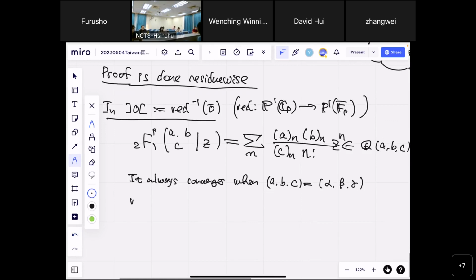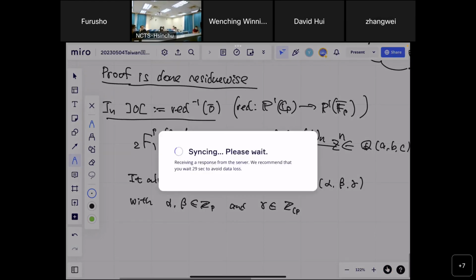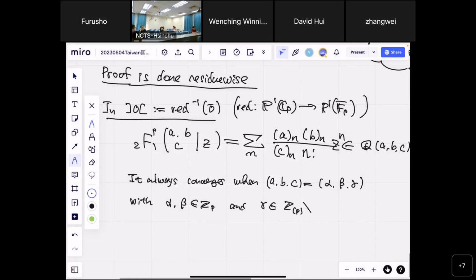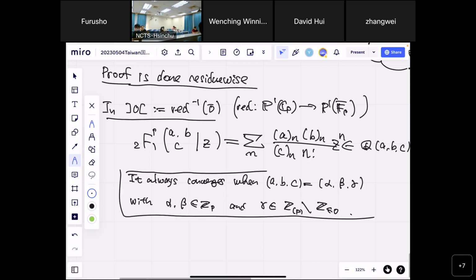Now, this is an element of C_p. If gamma is rational, we can show that this converges.